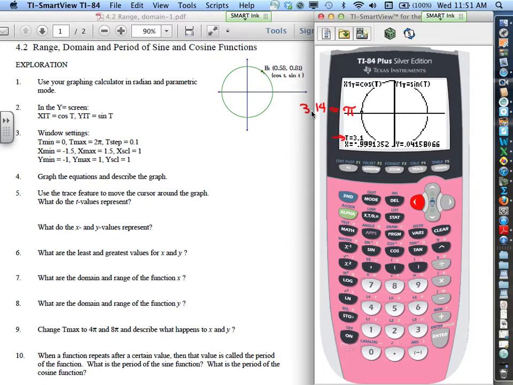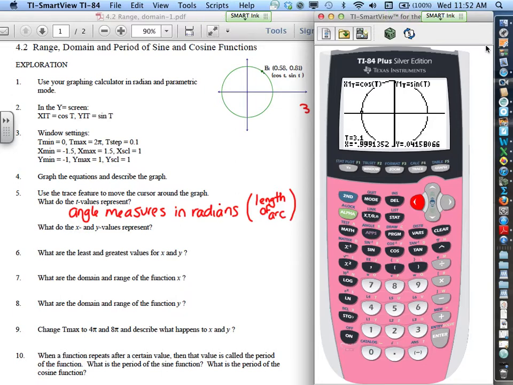So your t value is going to represent your angle. My angle measures in radians. It's also, like we did yesterday, the length of the arc. So the distance around the outside of the circle matches the angle.